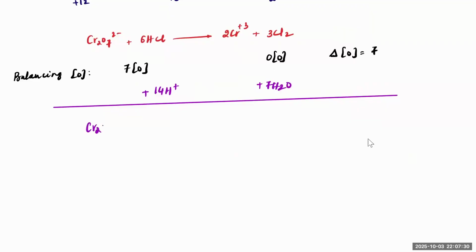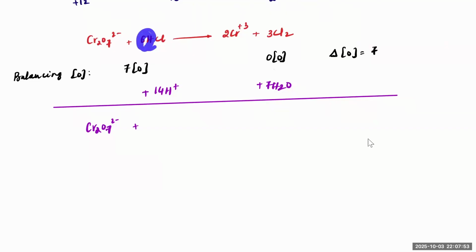I'll get Cr2O7 2 minus plus, now tell me, where would I get this 14 H plus? Look carefully. 7 water molecules are being balanced, but to balance these 14 H plus ions, already it appears like there are 6 HCl.